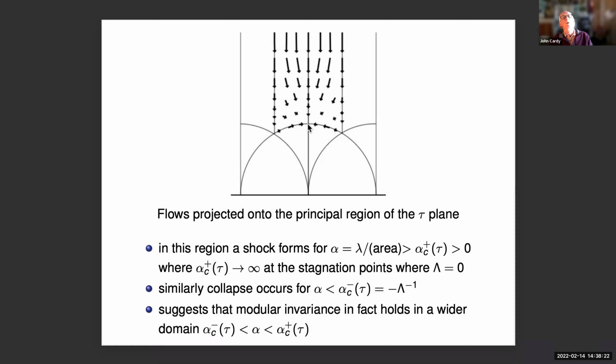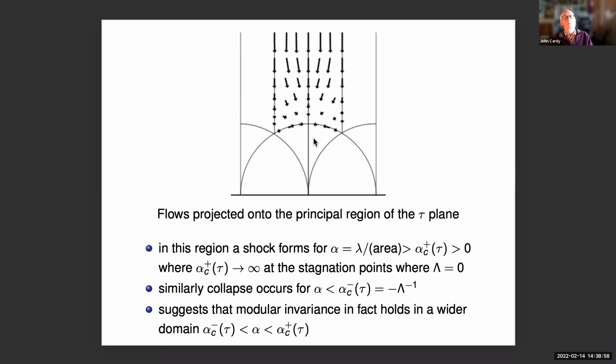For example, this point here corresponds to a tiling of the plane by squares. This point corresponds to a tiling of the plane by equilateral triangles. And at that point, the expectation value of the stress tensor on a torus like that will vanish identically, so there is no flow at all in this picture. So these are stagnation points of the flow.